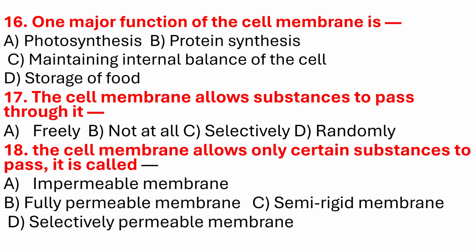One major function of the cell membrane is photosynthesis, protein synthesis, maintaining internal balance of the cell, storing food. Maintaining internal balance of the cell. The cell membrane allows substances to pass through it freely, not at all, selectively, randomly.